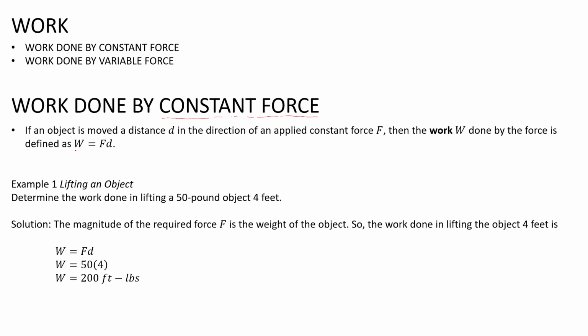The formula for work is equal to force times the distance. If the force is fixed and the distance is also fixed, we can determine the work easily through the formula. That's why there's work done by a constant force. If you have a constant force, the formula will be used right away.